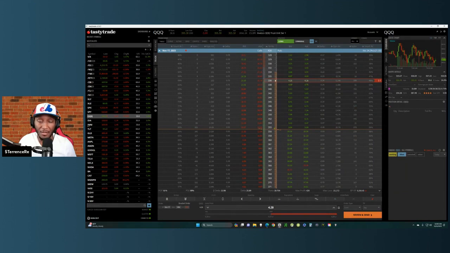And you can see where your break even is on here, right? Your break even is way back here because at 336, you're taking in $4.28 in premium. So that premium pushes your break even back around 332, which is why this area is gray. And you don't lose money until it gets down here in this red area or up here.